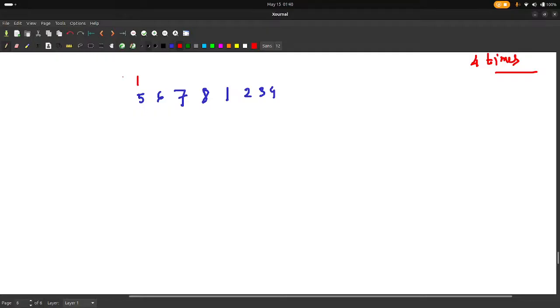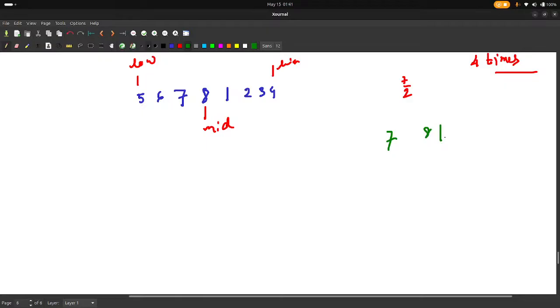This is my low, this is my high, with indices 0 1 2 3 4 5 6 7. 7 by 2, so 3 is my answer. This is my mid, and let me consider the trio 7 8 1. It doesn't follow because the next is not greater than mid.